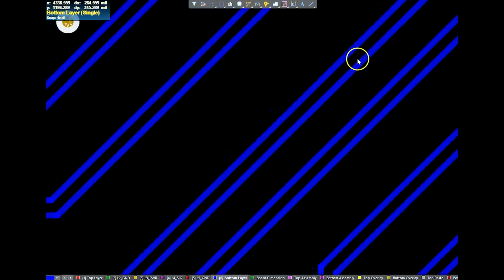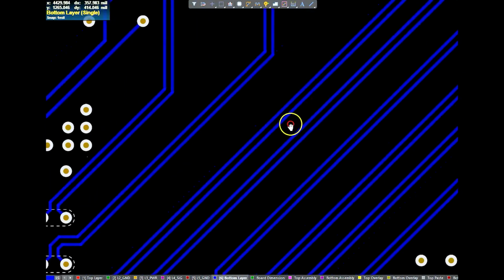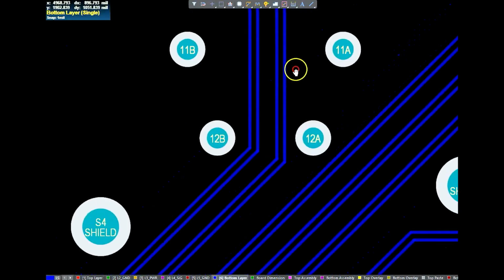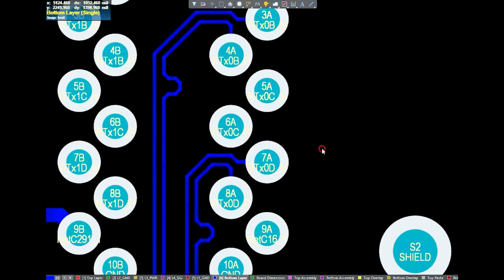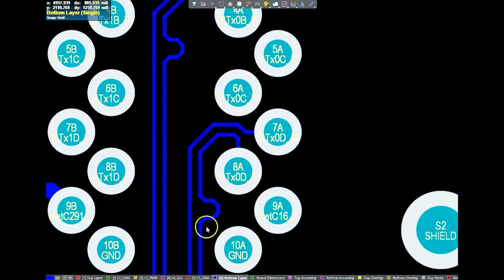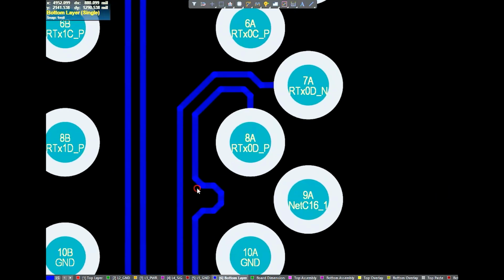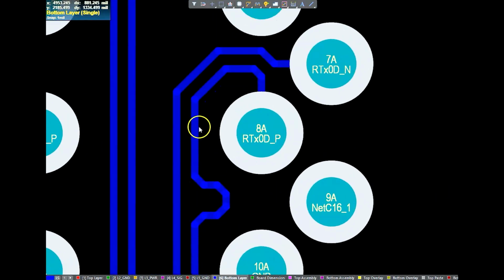So I'm just going to zoom out here and show you something that happens near the beginning side of the route. And so what you'll see here with differential pairs is you'll have these little areas where it kind of juts out like this. And this is a length matching structure. And so the idea here is that you have to maintain the length of these two traces in the differential pair to be the same throughout the entire length of the route.